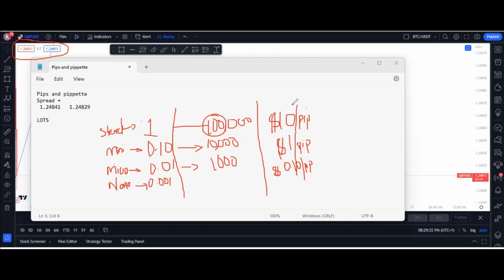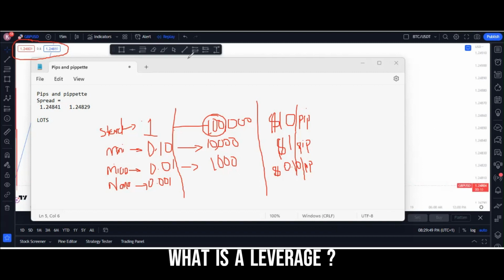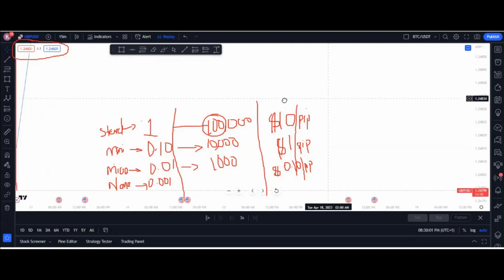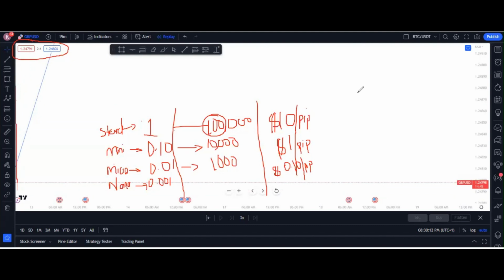Now with a leverage of 1:50, it means that each $1 you fund in your account is actually $50. Let me give you an example.